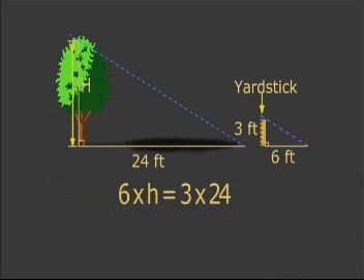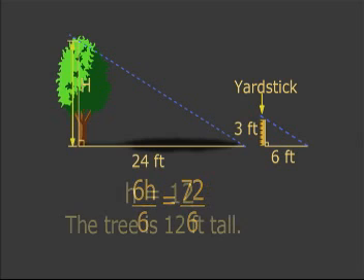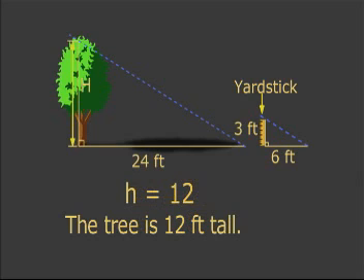If 6 multiplied by h is equal to 3 multiplied by 24, then 6h equals 72. We then solve the equation. h equals 72 divided by 6, which is 12. Therefore, the tree is 12 feet tall.